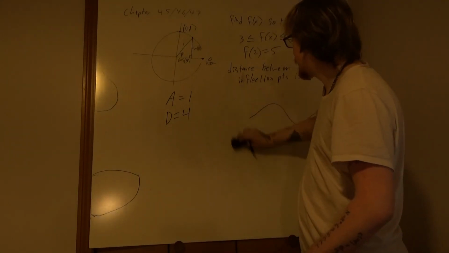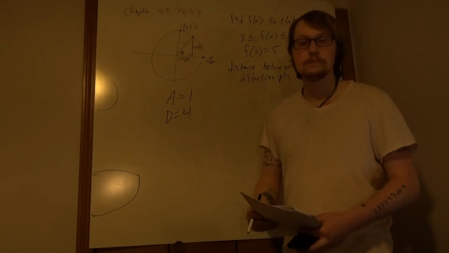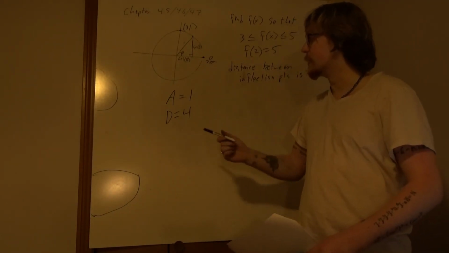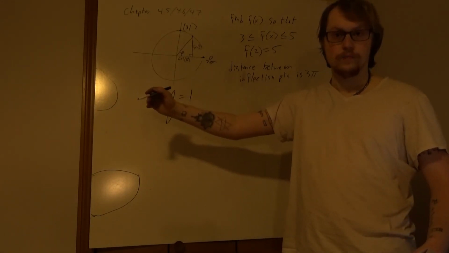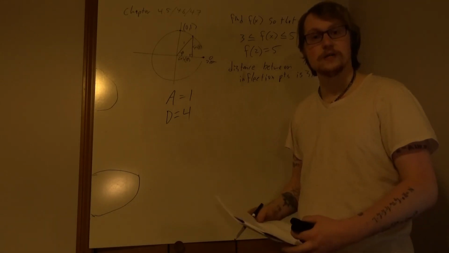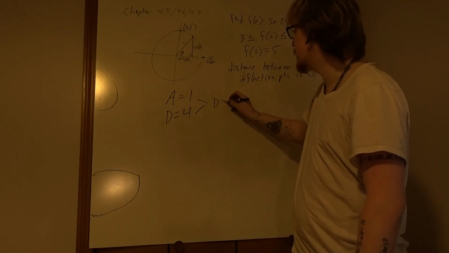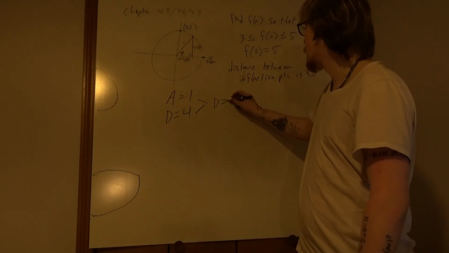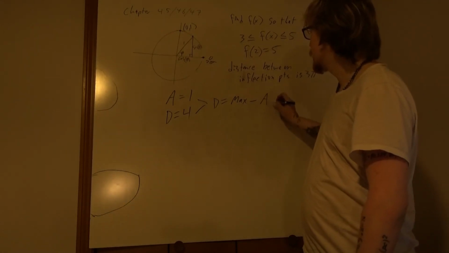Another way to think about this is whatever the maximum is has to be exactly 1 amplitude above the center line. So that makes sense geometrically, but what does that translate to formulaically? Well, these two facts basically say d has to equal max minus amplitude.